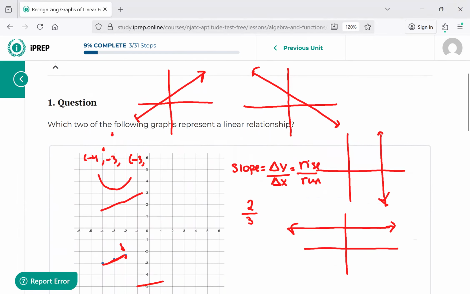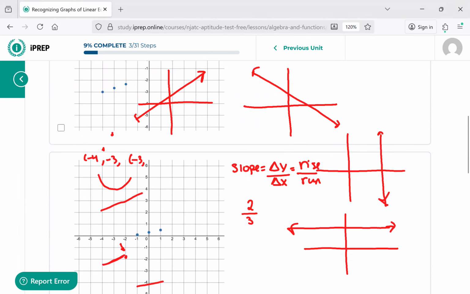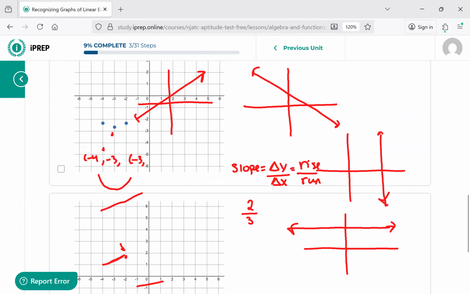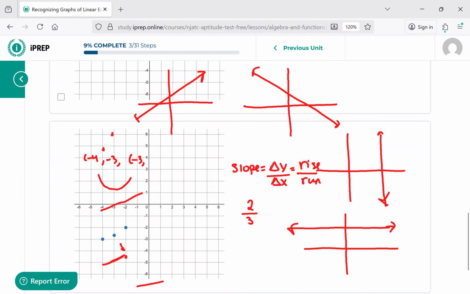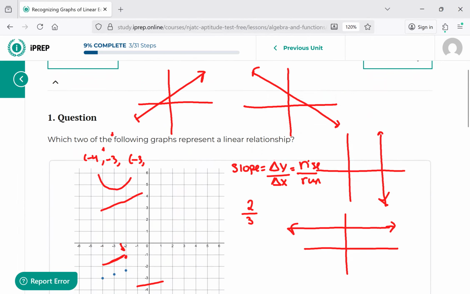What could be a linear function? It's either the first one or the second one, definitely not the third one, definitely not the fourth one. What could it be?